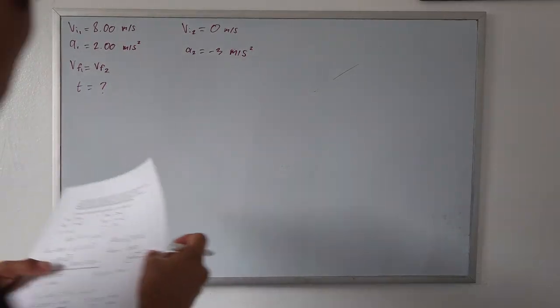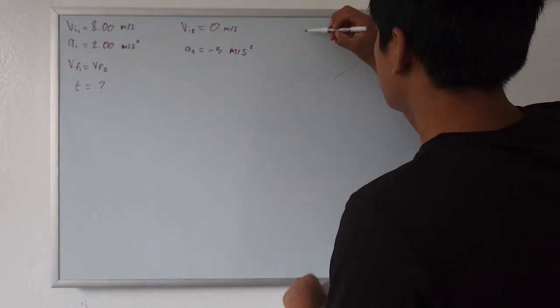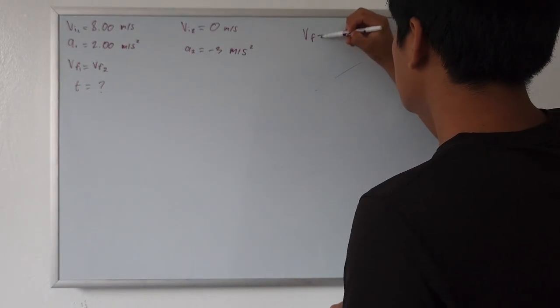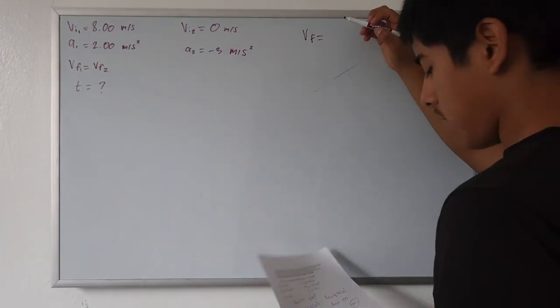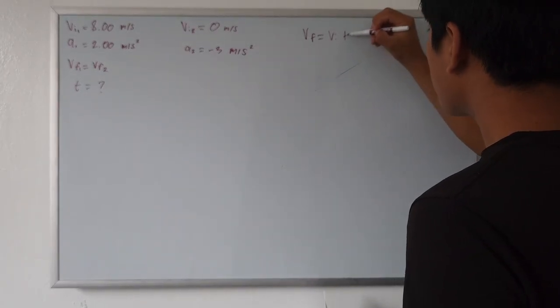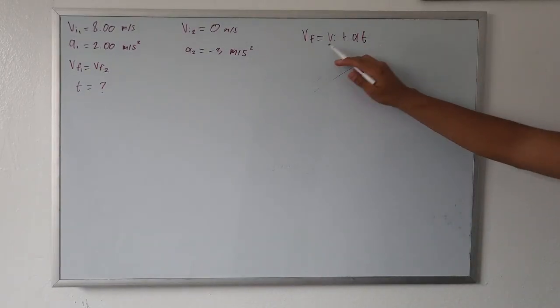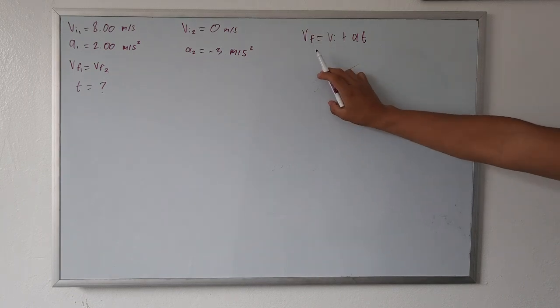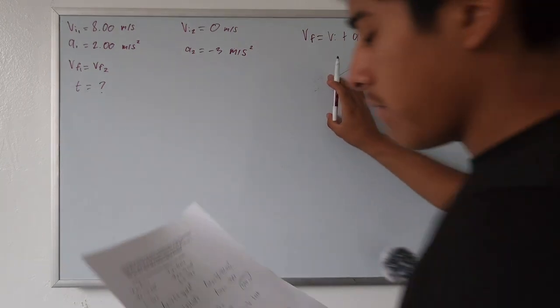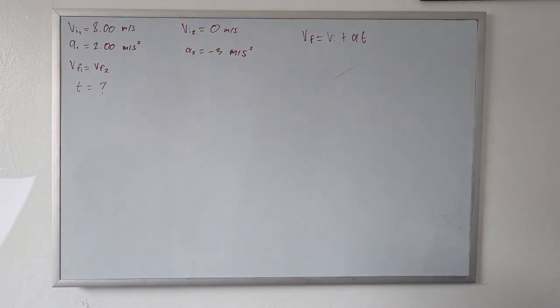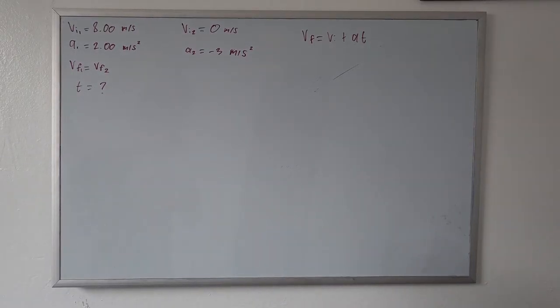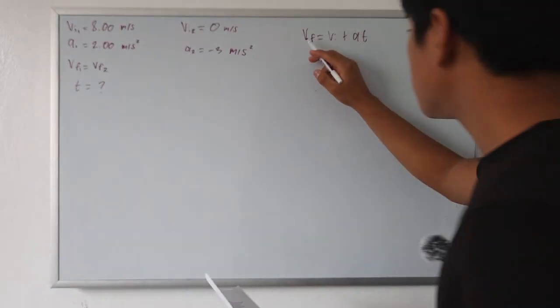So what we can do is use this equation right here, which gives us V final alone already. We know they're going to have the same speed, not the same velocity, but we'll still use this equation.